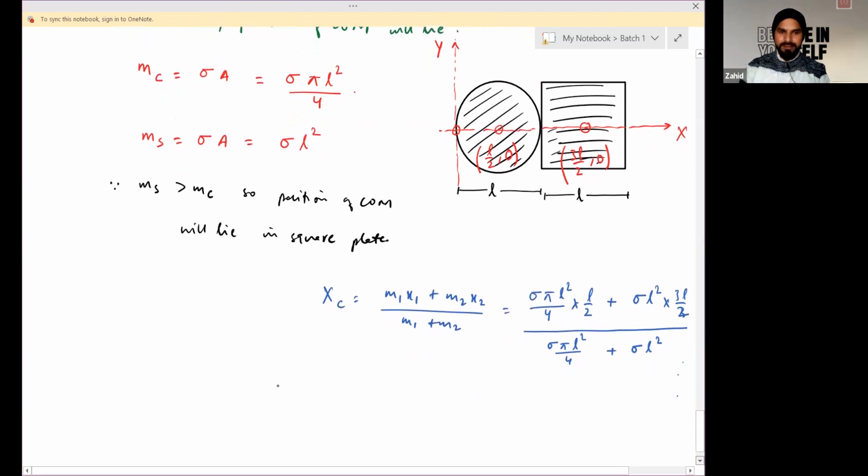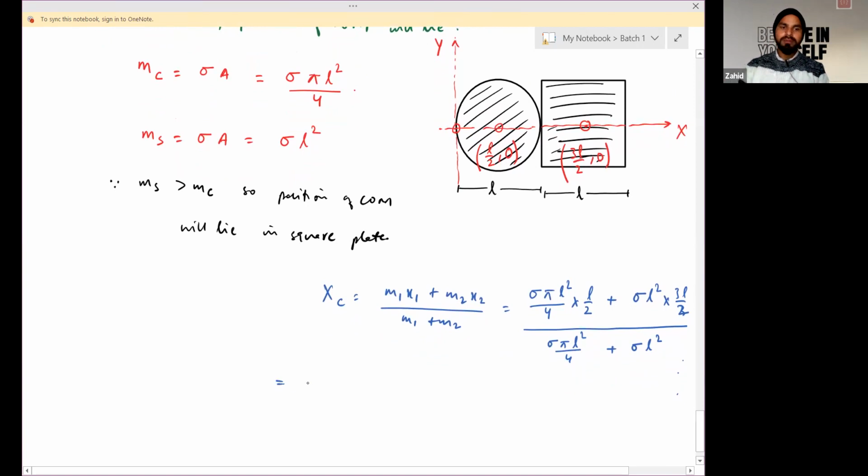If you simplify it, take sigma times L squared to be common from its numerator. You're left with pi by 8 plus 3 by 2 times L divided by sigma times L squared times pi by 4 plus 1.